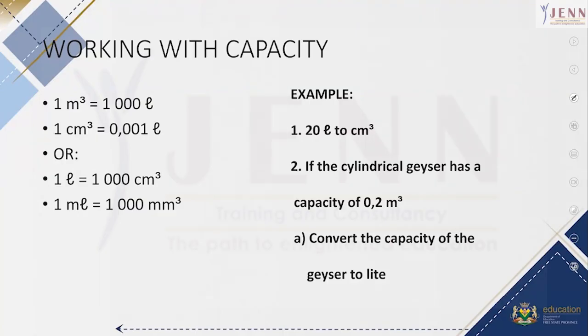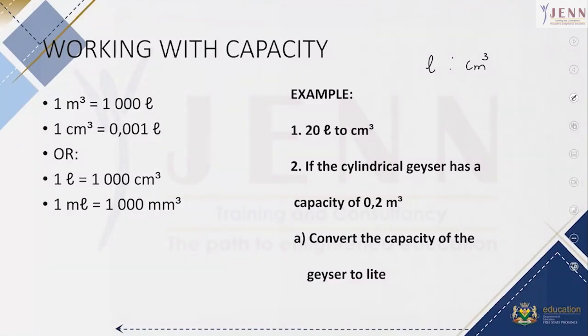I think I prefer the ratio method, like liters to cubic centimeter. What is important? A learner must know which units am I working with. In our case, we are working with liters and cubic centimeters.